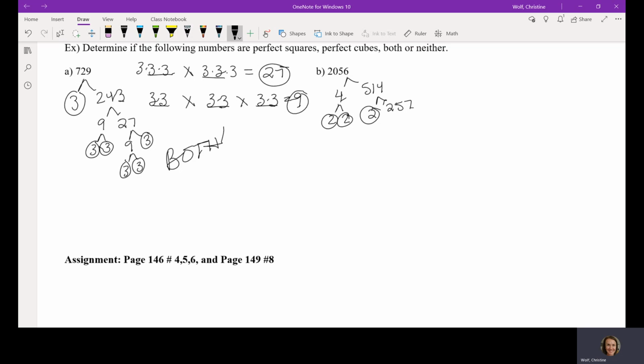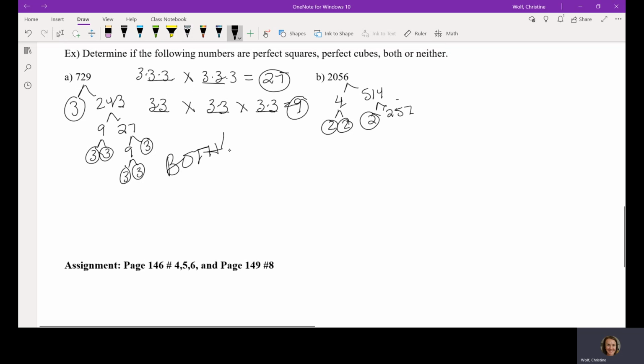So if we were in class, I would say, is that a prime number then? And unfortunately, my poster doesn't go up to 257. So I'll just let you know that yes, 257 is prime. Okay, so we tried a whole bunch of numbers, they don't work. 257 is prime, believe it or not, nothing divides into that, so we stop.